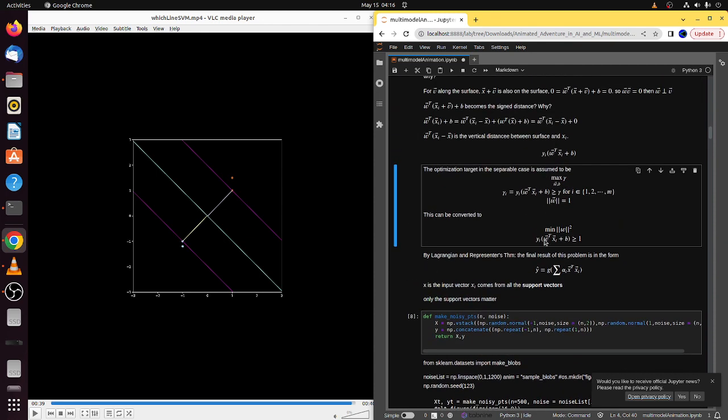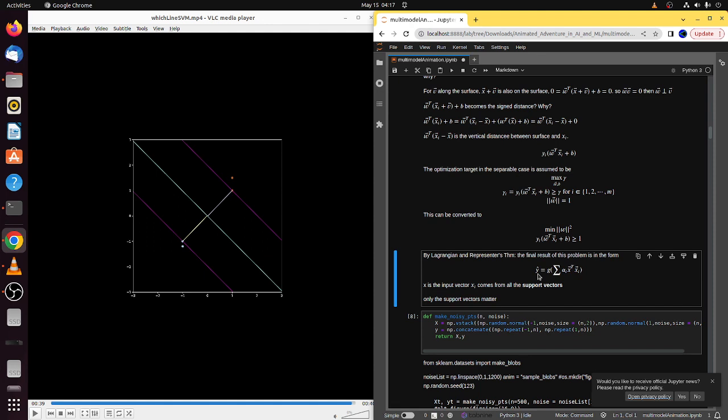Then you need to solve this optimization problem, because you want a model, you want a number, right? From some theorem from optimization, by calculating the Lagrangian or by the representer theorem, the final result of this problem is in the form of y hat equals this.